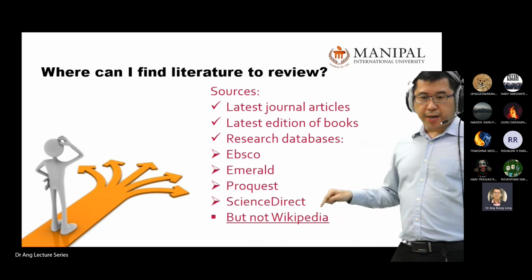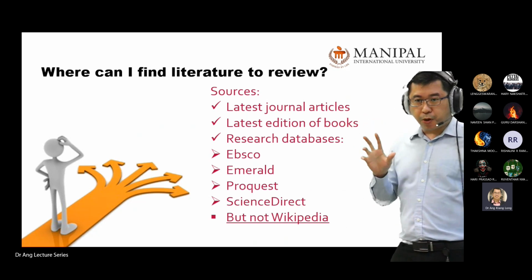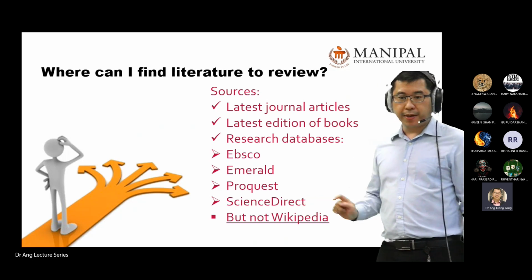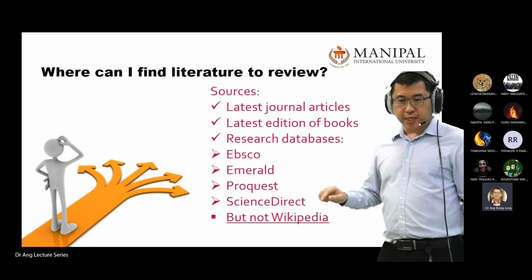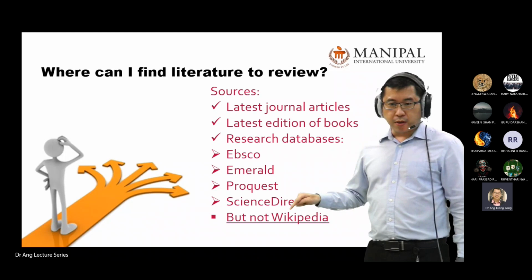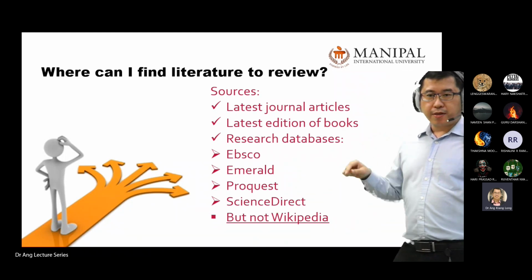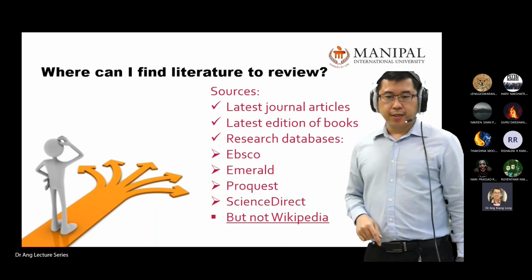But one reminder: when you write a review report, don't rely on sources from Wikipedia, right? So if you are a worker from Wikipedia, I apologize, I'm not attacking you, but for review paper, try not to use sources from Wikipedia. You can read from Wikipedia, but don't use material from Wikipedia, okay? Why?